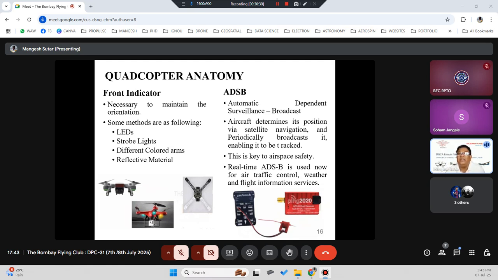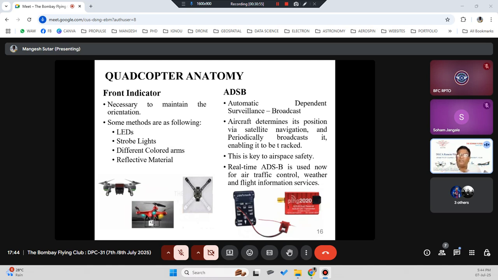If you need to have ADSB implemented, I'm talking about BVLOS, then you need another component called UTM, the unmanned traffic management system. That means you need a system like an ATC, because your ATC is not going to monitor the drone operations, as there will be more drones than aircraft flying.